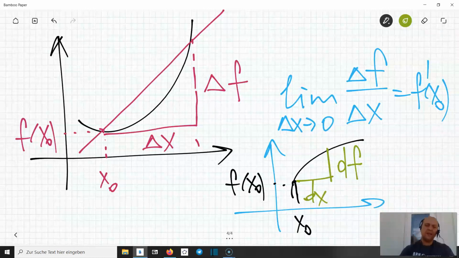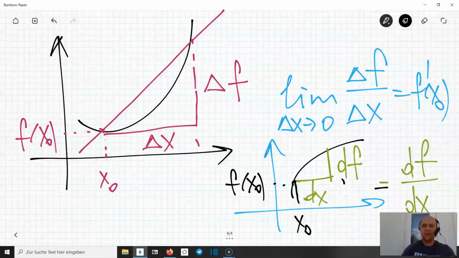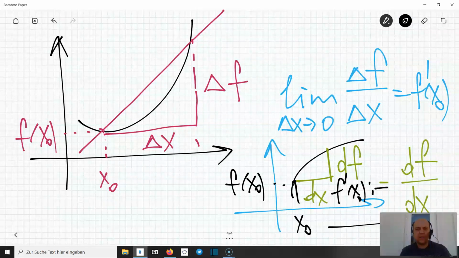So df divided by dx is actually the idea of the infinitely small rate of change on the very small interval. This is exactly the derivative of f at xo. And for these purposes, you see I was trying to write limit, but it's not correct here. We don't have to write limit. df divided by dx is already meaning that the intervals are very small.